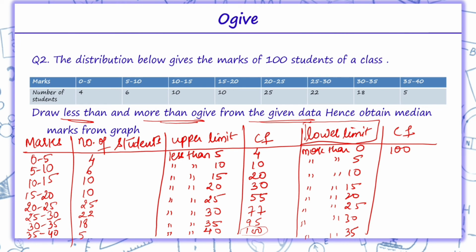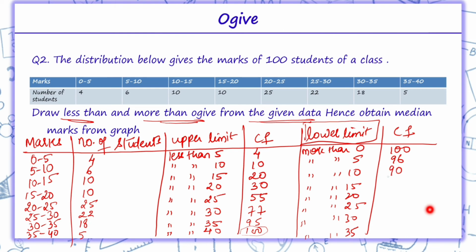More than 5, except 4, all are more than 5. So 100 minus 4 will do, we will get 96. Then more than 10, now this 96 we got, so we will again subtract the 6, so we will get more than 10, it will be 90.